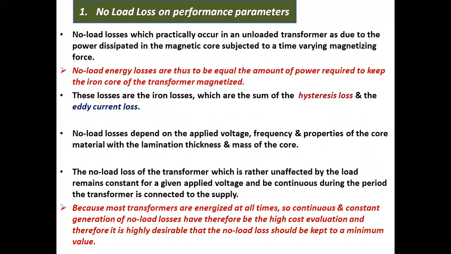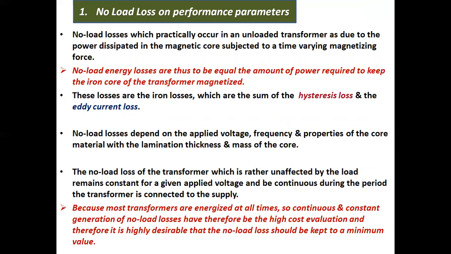1, no load loss on performance parameters. No load losses, which practically occur in an unloaded transformer, are due to the power dissipated in the magnetic core subjected to a time varying magnetizing force. No load energy losses are thus equal to the amount of power required to keep the iron core of the transformer magnetized.